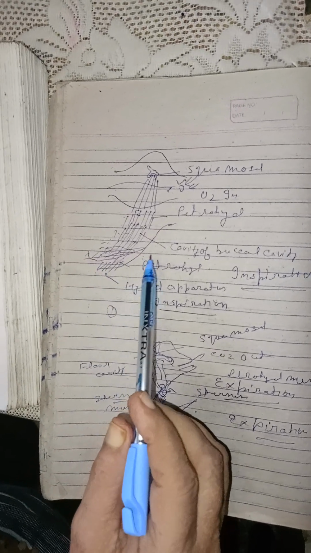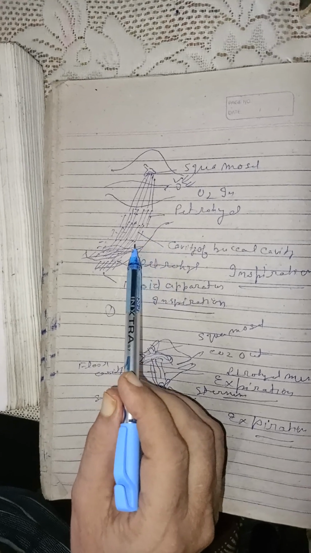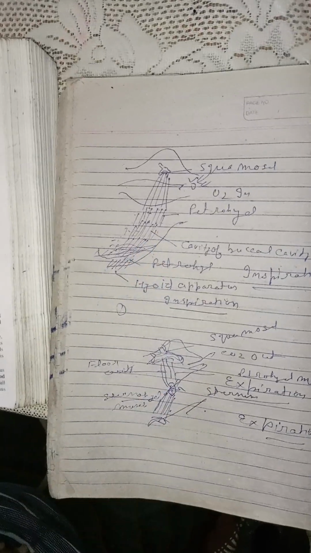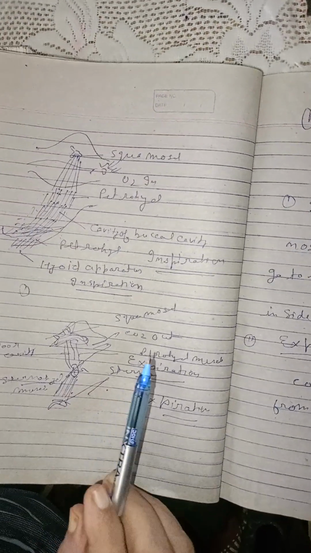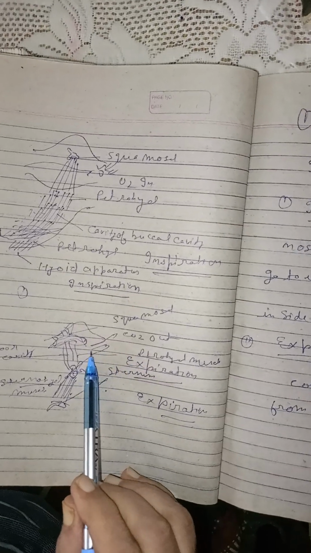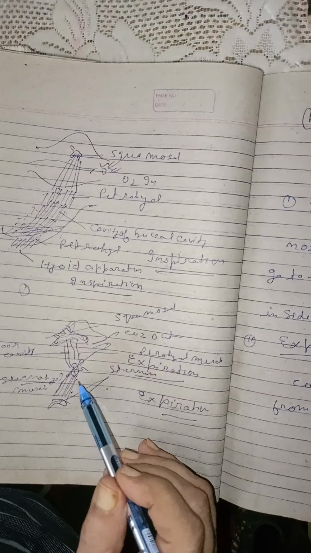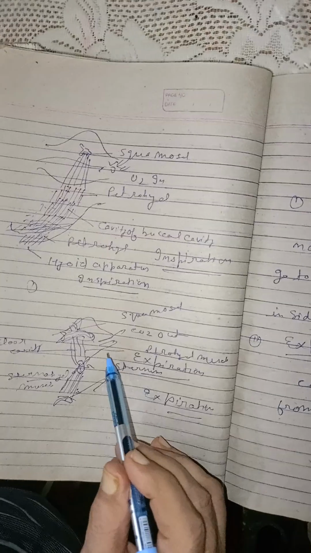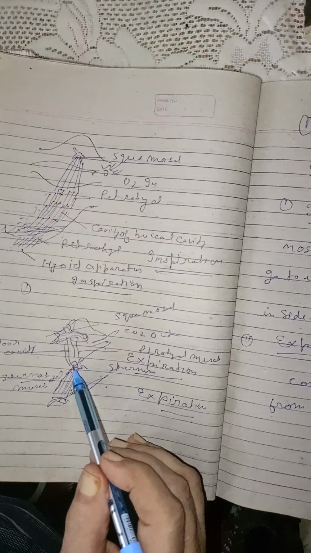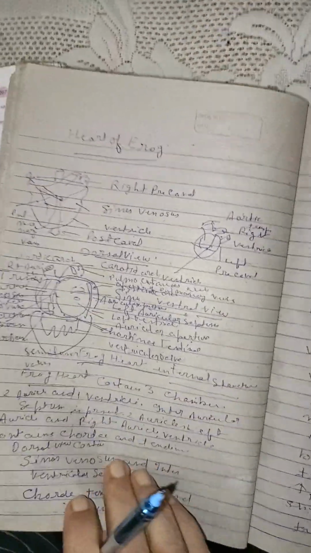In the breathing process, first oxygen reaches the nostril and buccal cavity. In the buccal cavity, when the oxygen reaches, then the sternohyoid muscles contract and the mouth floor goes to the lower side. Now the O2 reaches the lungs. It is called inspiration.